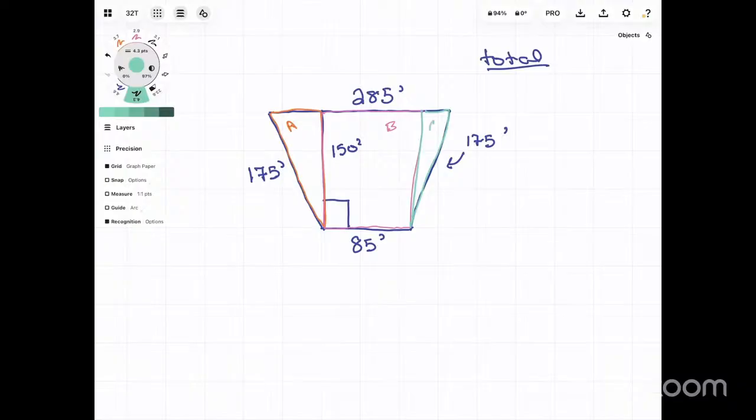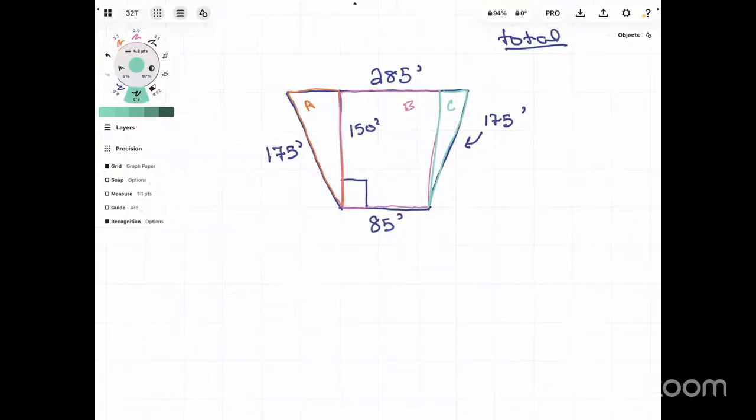That's going to be C. By coming up with the area of each section, you will be able to get the total area. So where I would start, we're going to have a section A, a section B, and a section C.